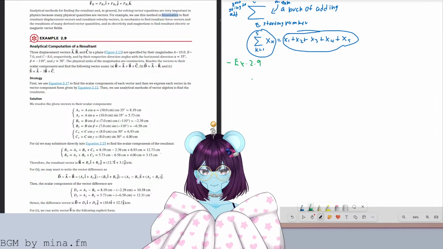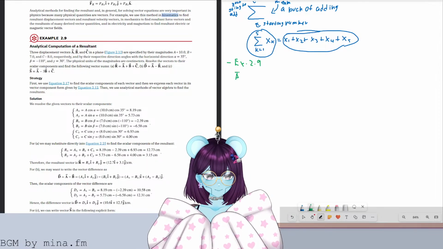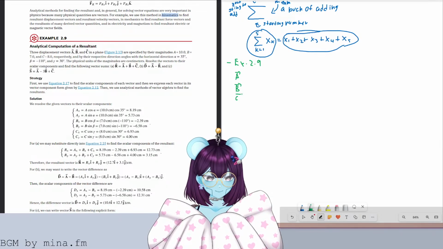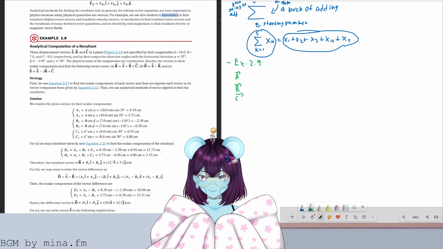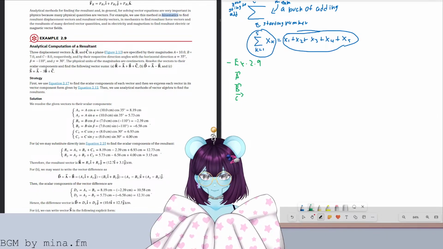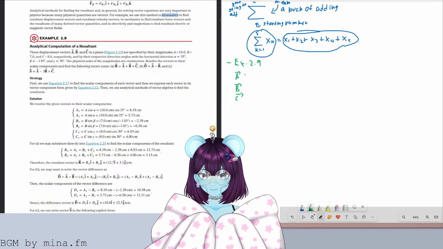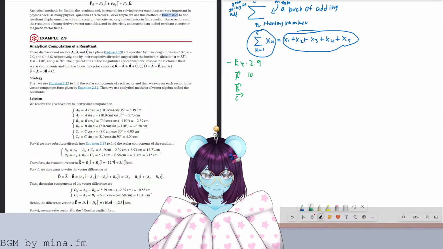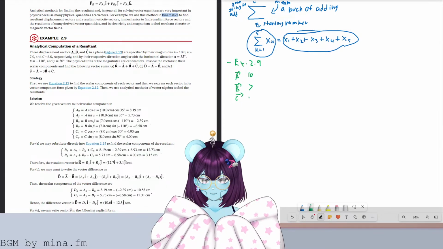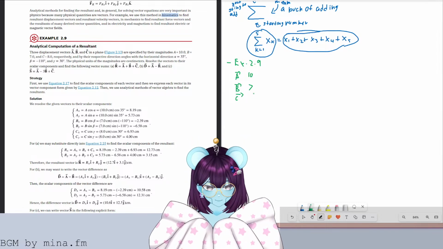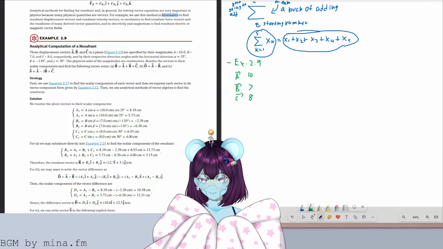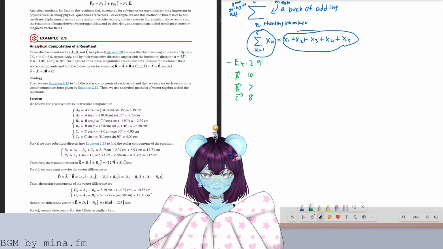Three displacement vectors A, B, and C, and their specified magnitudes are 10, 7, and 8. They're whole numbers, and he put decimal points, and I didn't see that decimal point, so my bad.